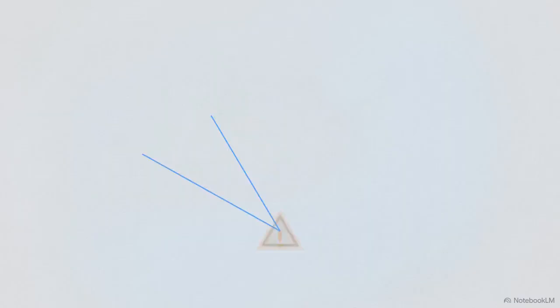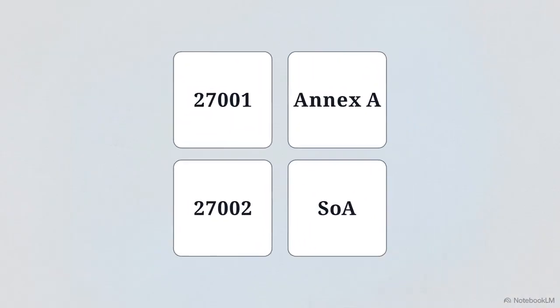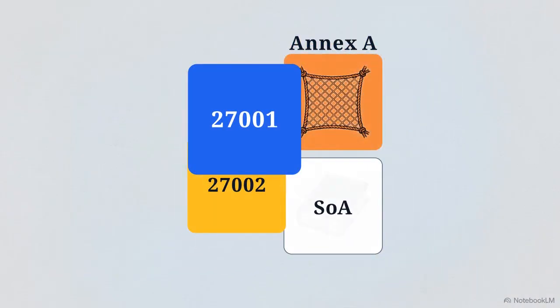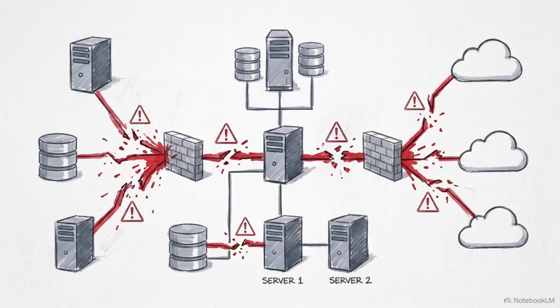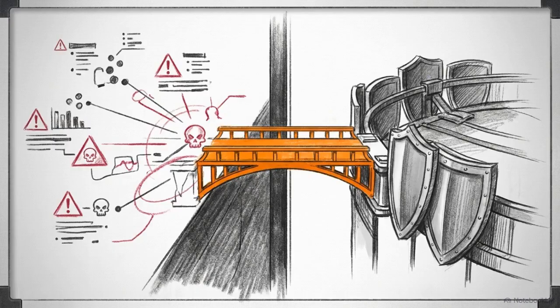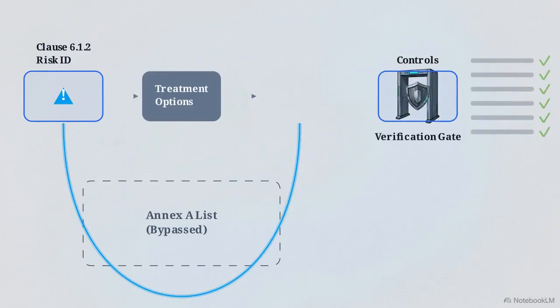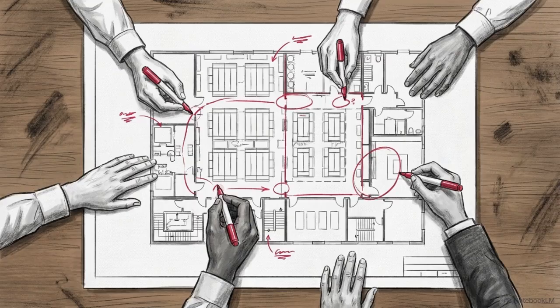The SOA functions as a dynamic, highly defensible governance ledger. It reflects the exact reality of the organization's security posture at any given moment, rather than serving as a static binary checklist.